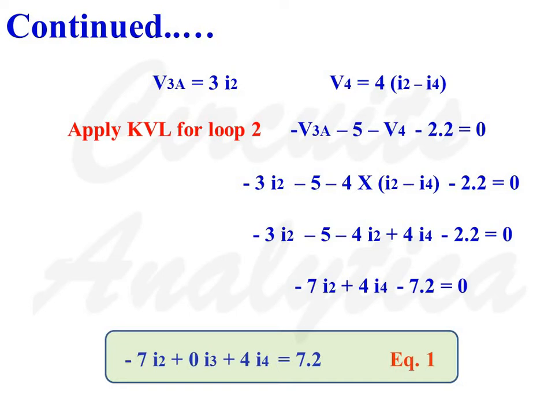So applying these equations in the loop equation for loop 2: minus 3I2 minus 5 minus 4 into I2 minus I4 minus 2.2 is equal to 0. Opening the brackets and rearranging the terms, we will get minus 7I2 plus 0I3 plus 4I4 is equal to 7.2, equation number 1.